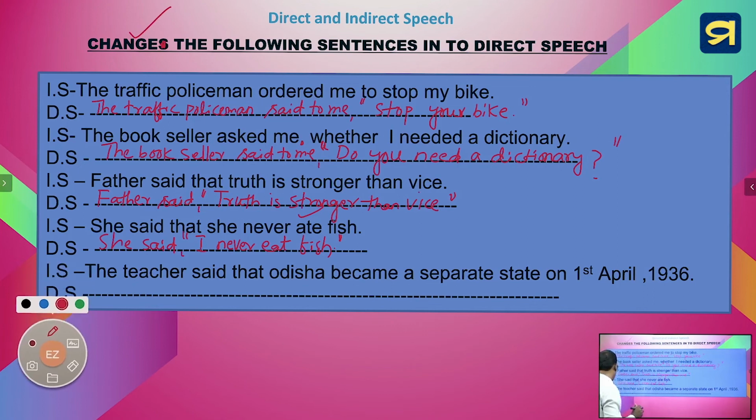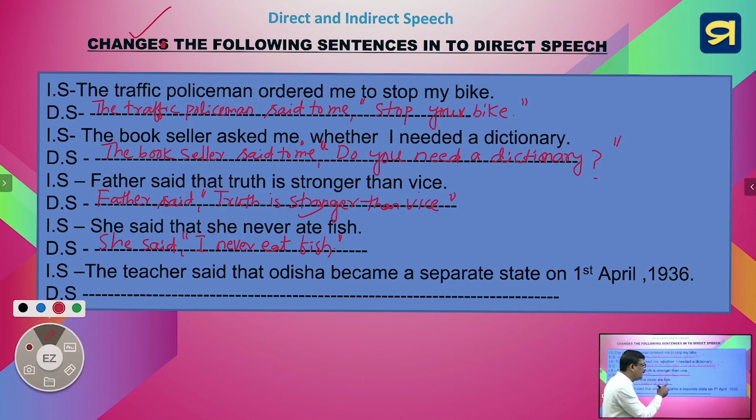Perhaps the last one. The teacher said that Odisha became a separate state on 1st April 1936. It is a historical event. Okay. So how will you change? Good.